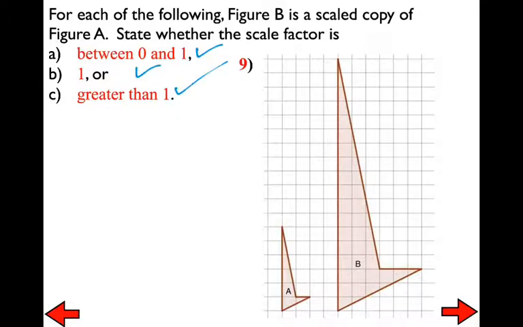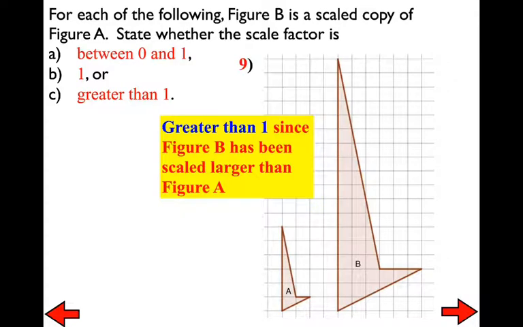So you're picking either A, B, or C. Between 0 and 1, 1, or greater than 1. And in fact, I'm only going to give you just a few seconds to try this one. And clearly, since figure B got larger, it means we have to pick C, greater than 1, since figure B has been scaled larger than figure A.